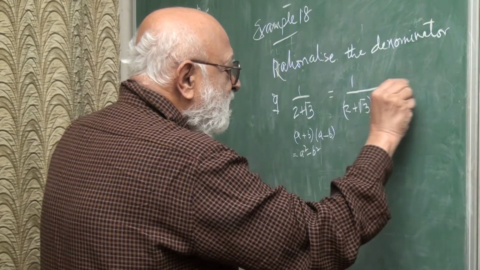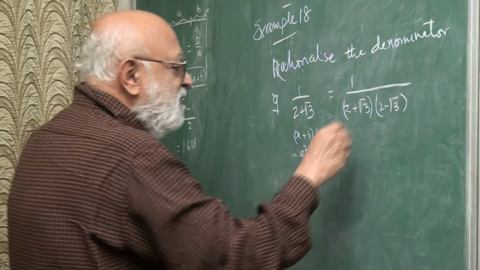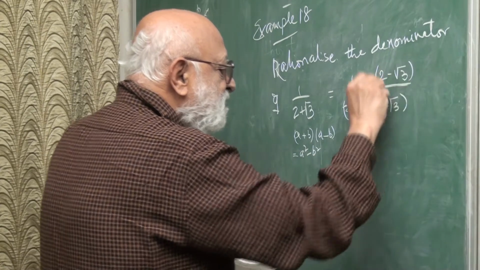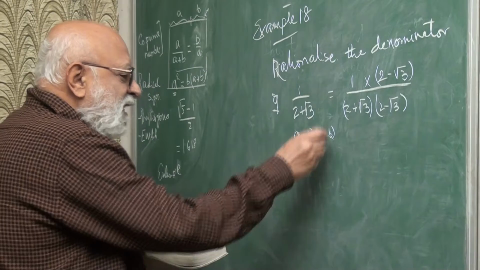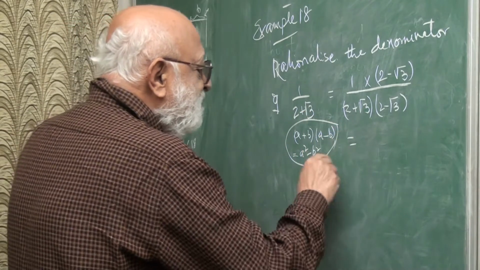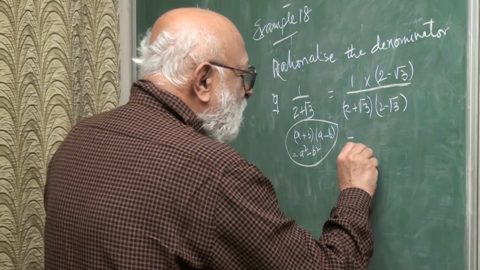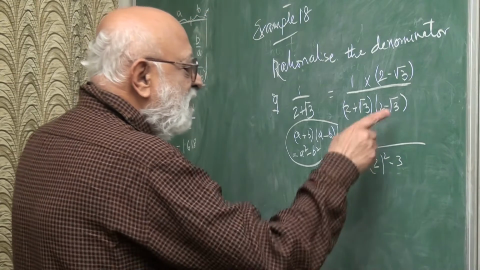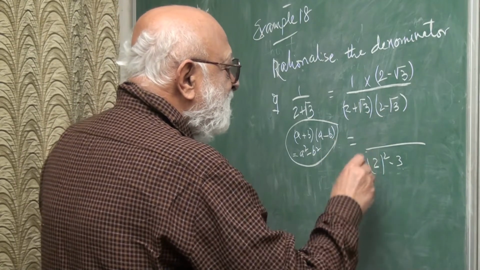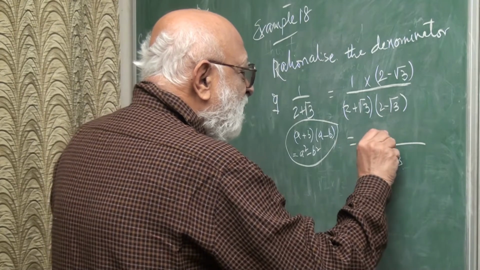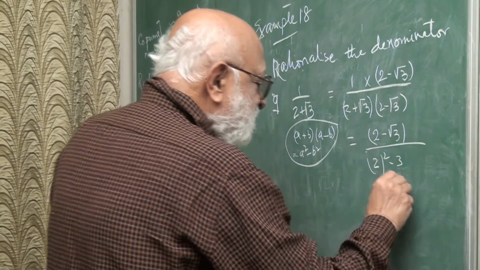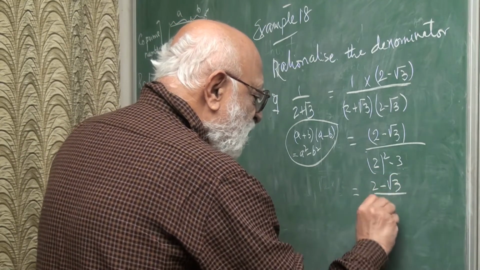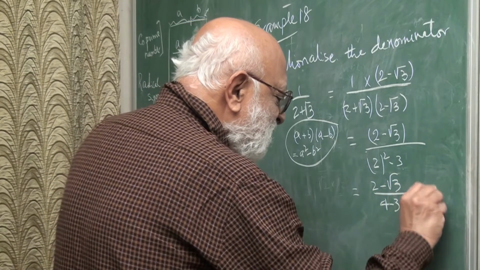In order to not change the value of this number, I have to multiply the top one also by 2 minus root 3. Utilizing this identity, the denominator becomes 2 square minus 3, because B square will be subtracted, and the numerator will be 2 minus root 3. Then 4 minus 3 is 1, so the answer is 2 minus root 3.